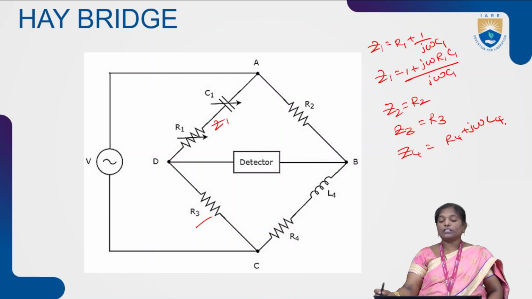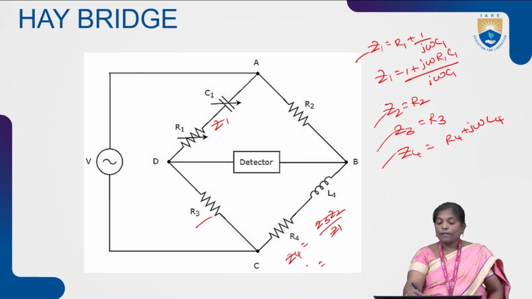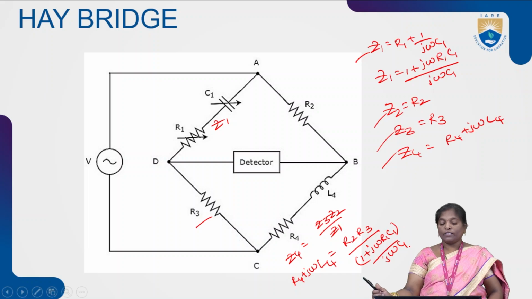Now substitute Z1, Z2, Z3, Z4 in balanced bridge condition, that is Z4 equal to Z3, Z2 by Z1, that is R4 plus J omega L4 equal to R2 R3 by 1 plus J omega R1 C1 whole divided by J omega C1.